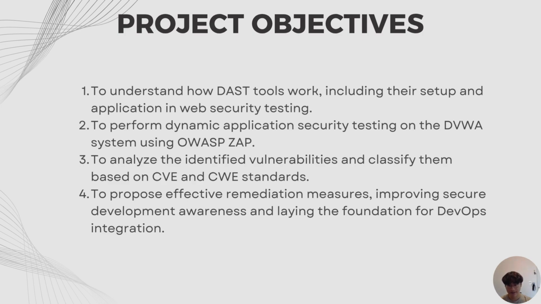Third, we analyzed the discovered vulnerabilities and classified them using CVE and CWE standards, which helps ensure consistency and reliability in our findings. And finally, we proposed mitigation strategies to improve secure development practice and support future DevOps integration.